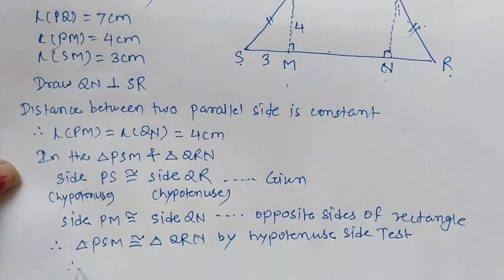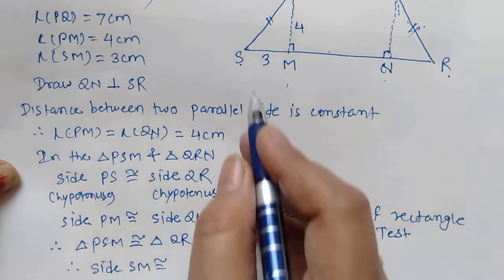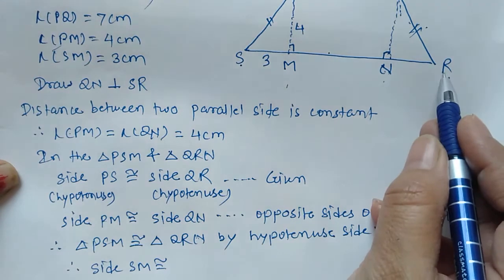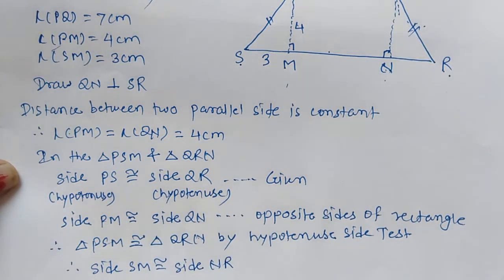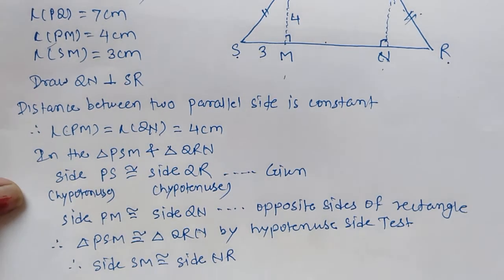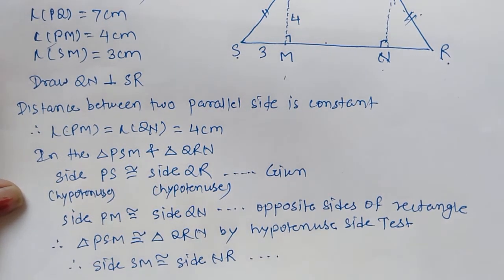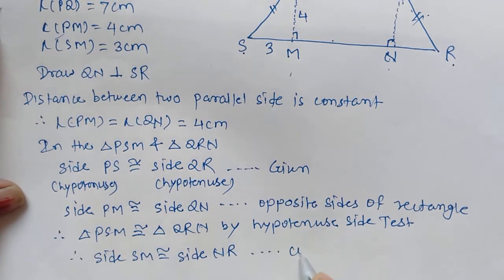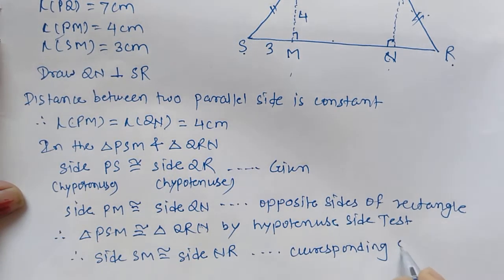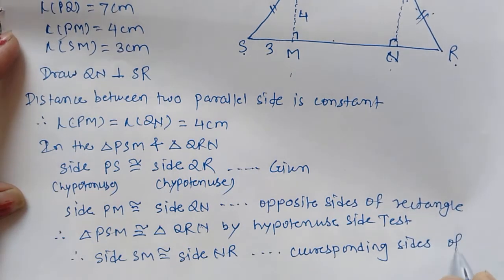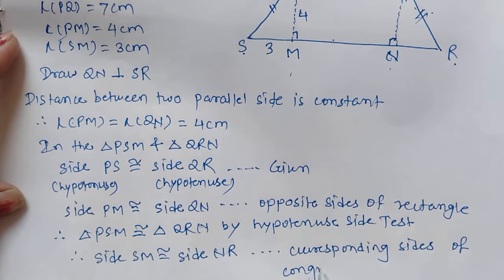So therefore side SM is congruent with side NR. Reason is corresponding sides of congruent triangles.